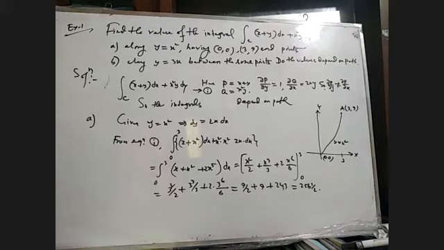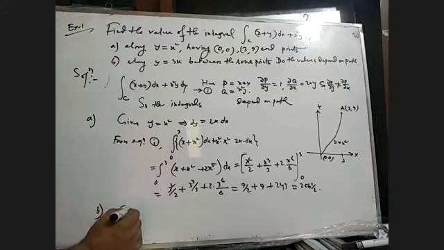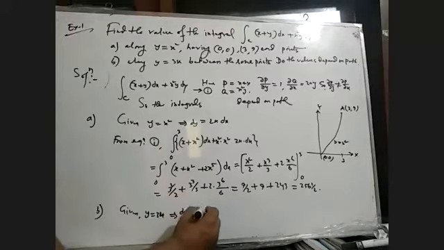Understand, everybody? Okay, now the second part, the B part, along y equals thrice x. Given y equals thrice x, so dy equals 3 into dx.